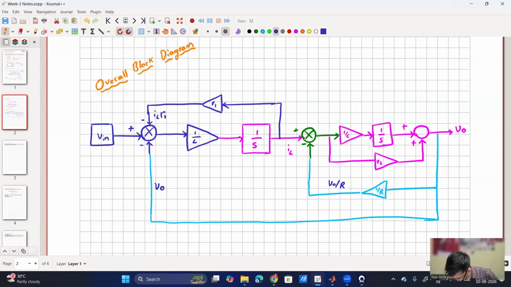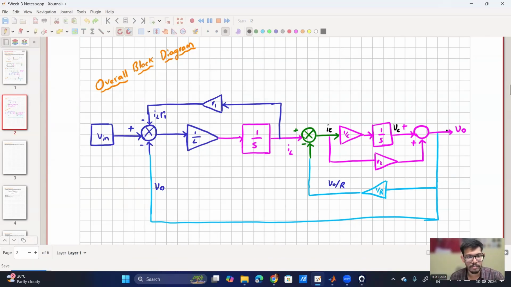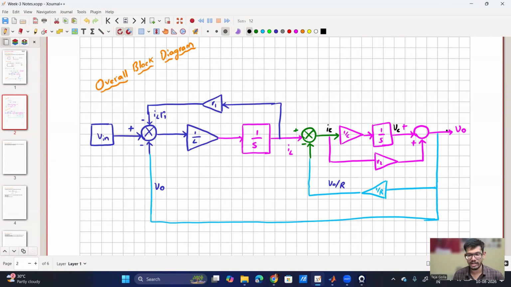So this is my IC and this is my VC. In this way we are getting the overall block diagram. Once we make this in MATLAB, we can run it and see.